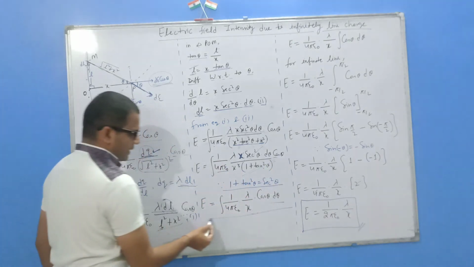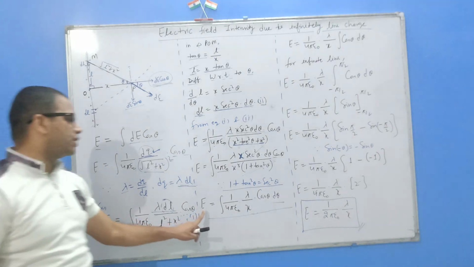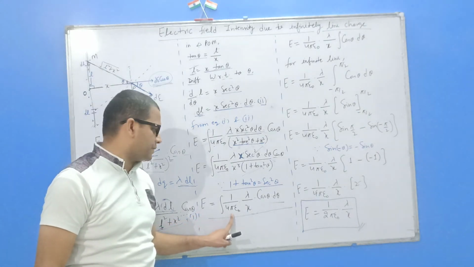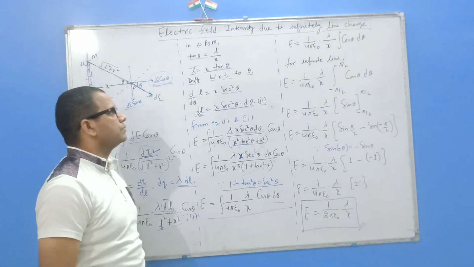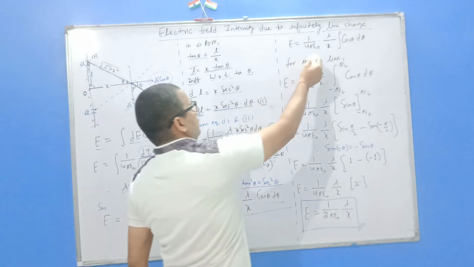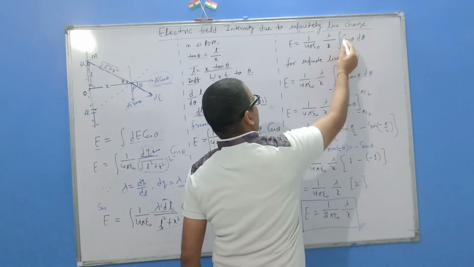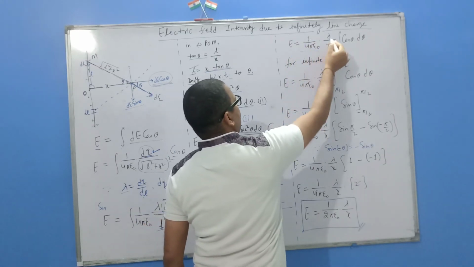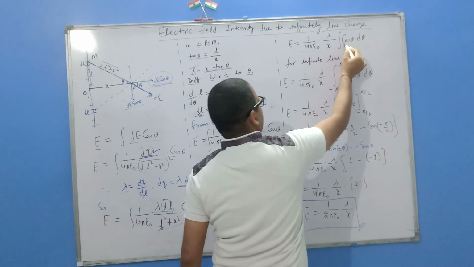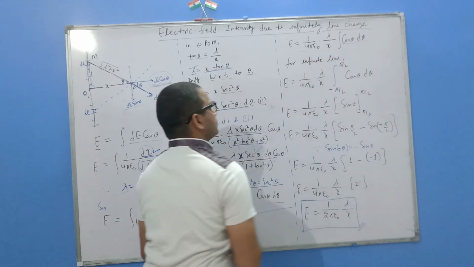So this is the solved value, E is equal to 1 upon 4 pi epsilon naught lambda upon x into cos theta d theta. Taking the constants out of the integration sign, E is equal to 1 upon 4 pi epsilon naught lambda upon x, integration of cos theta d theta.